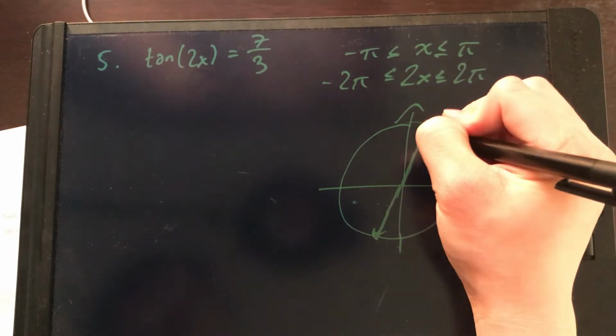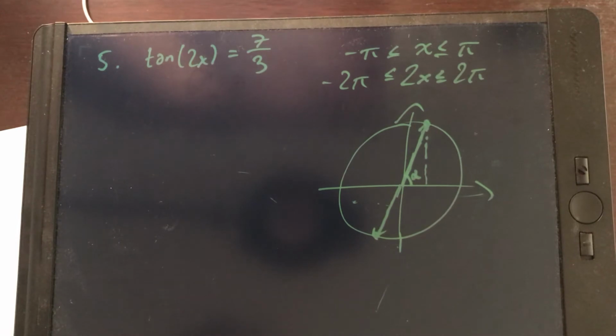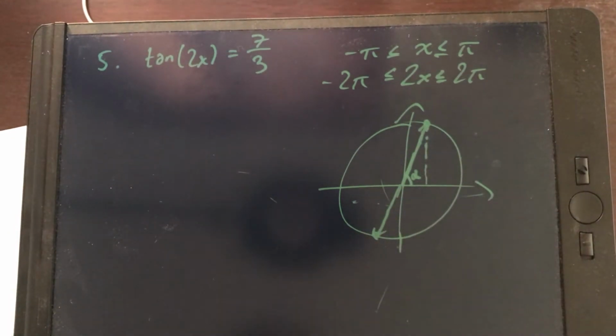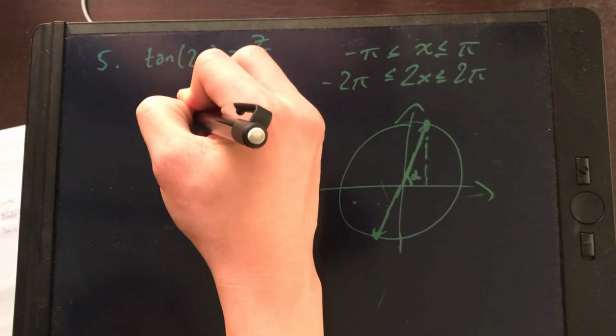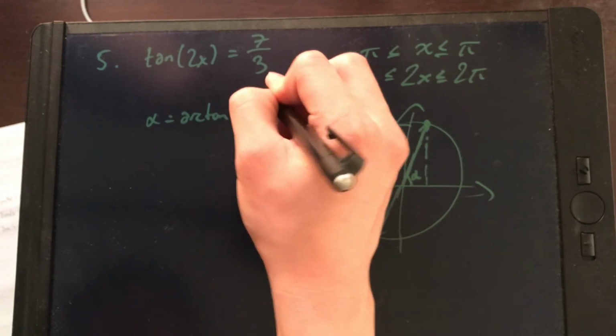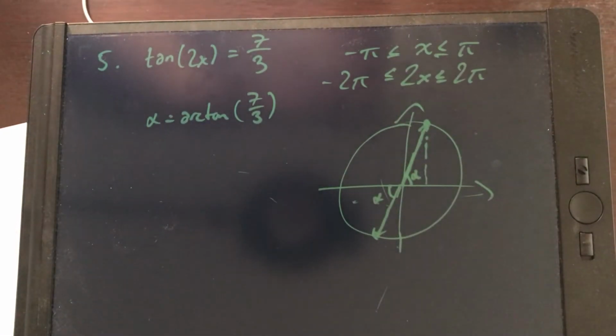And of course, we need our reference angle. You might be noticing a pattern here. In this case, it's not actually unit circle for our purpose, but I'm going to say alpha is going to be inverse tangent 7/3. And then using my awesome unit circle, I'm able to visualize all the solutions between negative 2 pi and 2 pi.